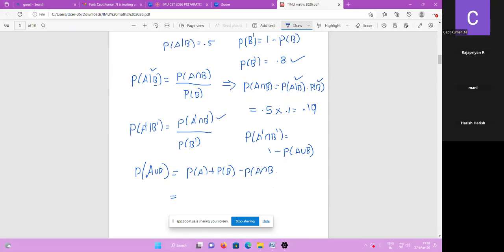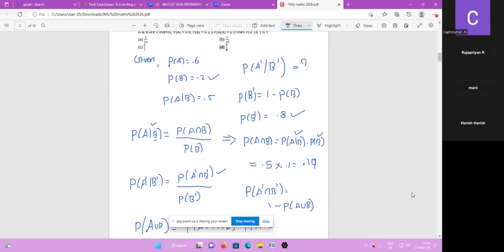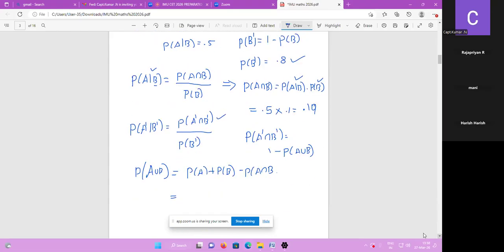It is given that probability of A is 0.6 and probability of B is 0.2. So 0.6 plus 0.2 minus 0.1, which is nothing but 0.7.